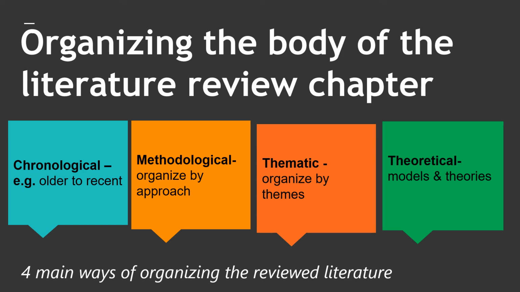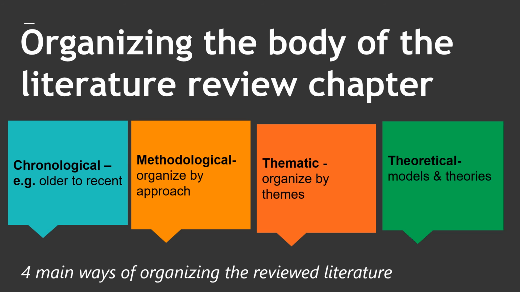Another way of organizing this chapter is through thematic analysis. As you look at your literature, you ask what the main themes are that emerge from the literature that you are reviewing. Then you can organize the body based on the main themes that emerge from the review. There are times when the literature review is organized depending on the models and theories within the field.